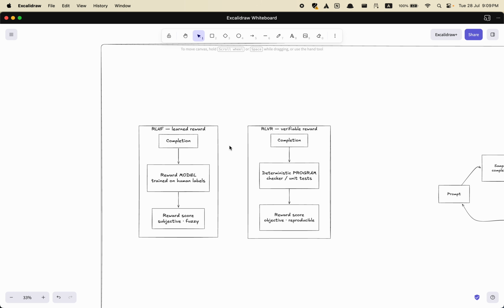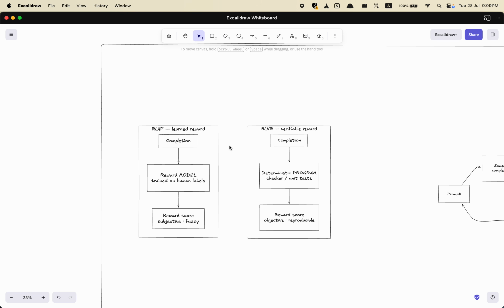Whereas on the other hand, you have verifiable rewards, where the reward comes from a deterministic program, something like a math checker or a unit test runner. In this scenario, it's either a hit or a miss. It's very cheap, it's objective, and it's reproducible. So that's the trade-off between the two.